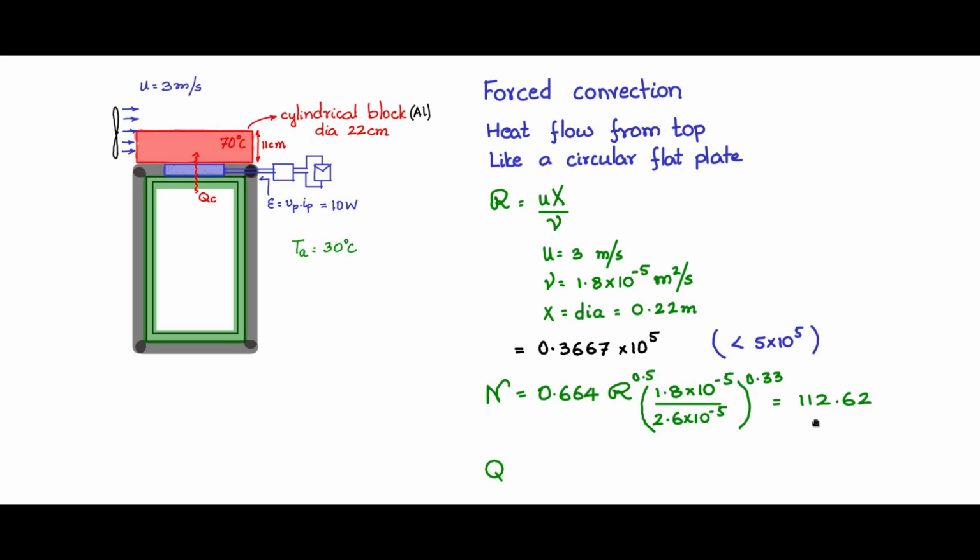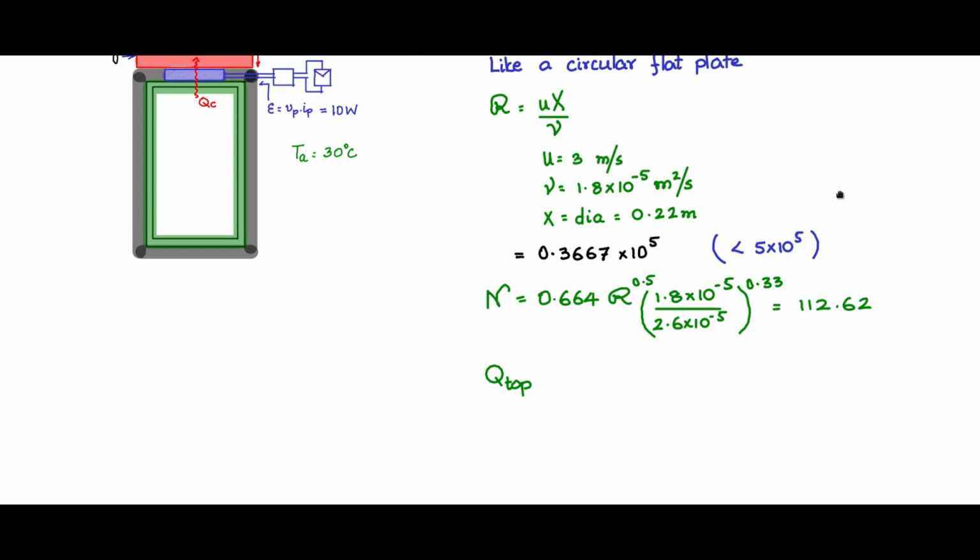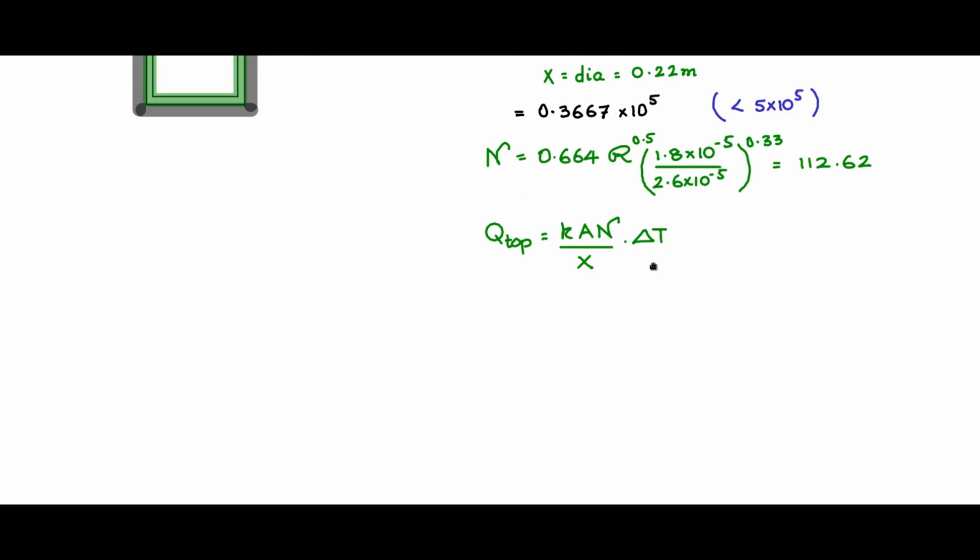Now we can calculate Q, and we'll call that one Q top. Let me move this up a bit so that you can see. Q top is given by the heat flow equation now, which is thermal conductivity, A, Nusselt's number, by characteristic dimension, into delta T. We know all these values, we can substitute. Let me move up the page and then let me write.